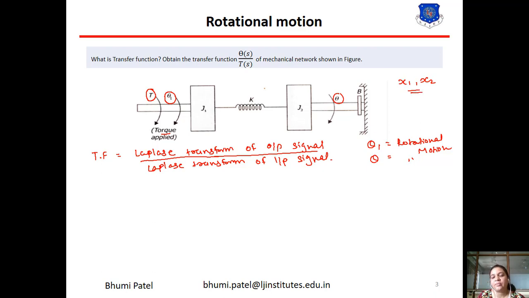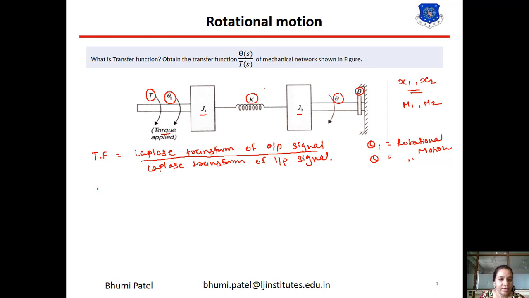Here the displacement is in terms of rotational displacement. K is the spring constant, same as in the earlier equation, b is the damper of the system, and J1 and J2 are the inertia of the system. In the displacement mechanical system we have the masses m1 and m2. In the rotational motion system we have the inertia J1 and J2.